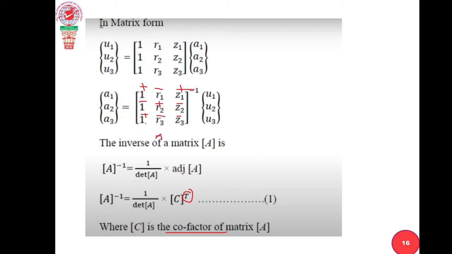Leave the first row and first column. And what is the next you get? You have to cross multiply. Correct now? Z3 into R2 minus Z2 into R3. Sorry.